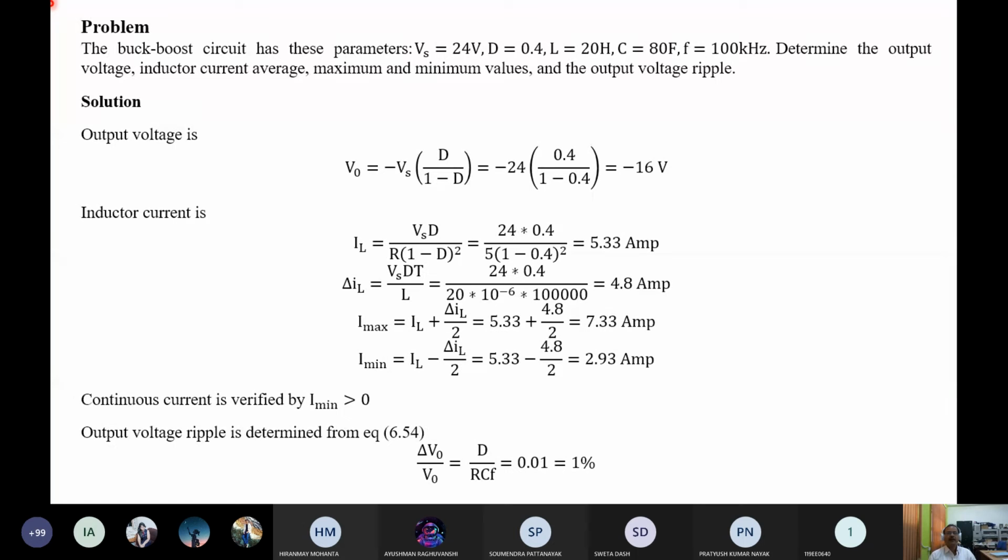Then del IL close must be equal to del IL open in magnitude, I'm telling you. You can use the del IL open equation or the del IL close equation. The magnitude should always be 4.8 here. Imax is IL plus del IL by 2.